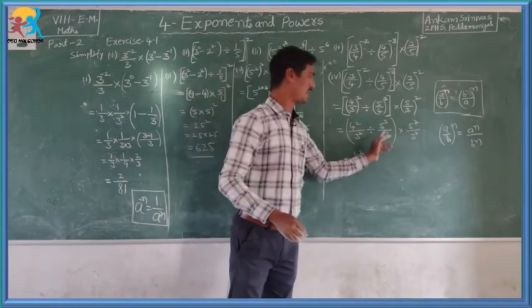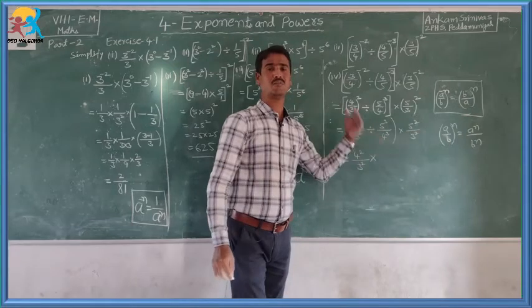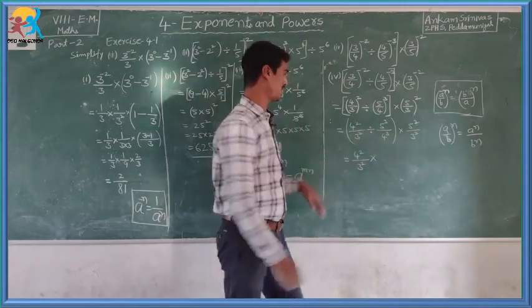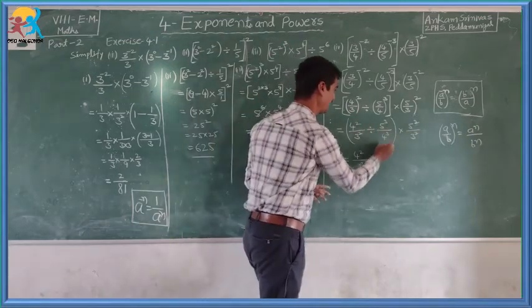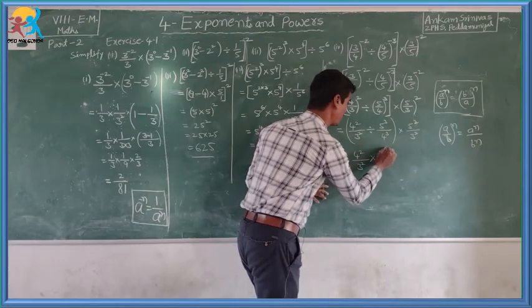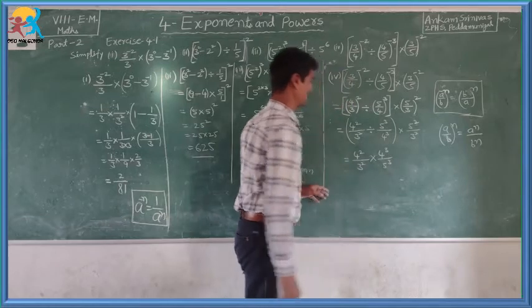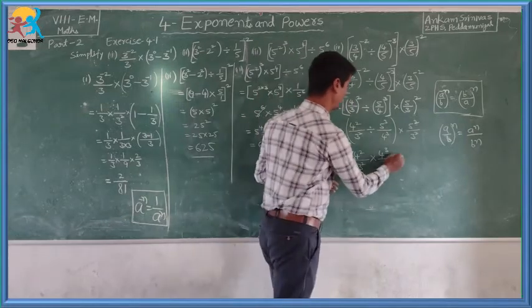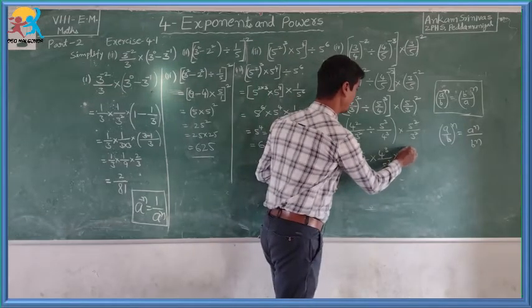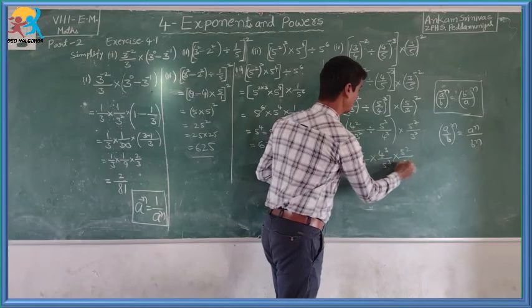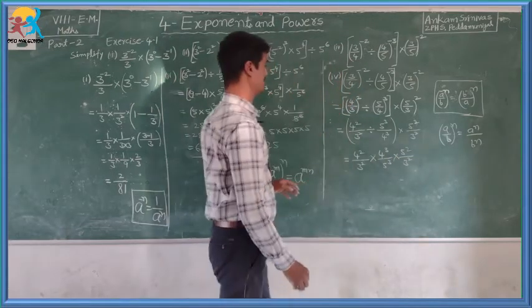To divide the fractions, we have to convert into multiplication by writing the reciprocal. What is the reciprocal of 5 power 3 by 4 power 3? 4 power 3 by 5 power 3 into 5 square by 3 square.